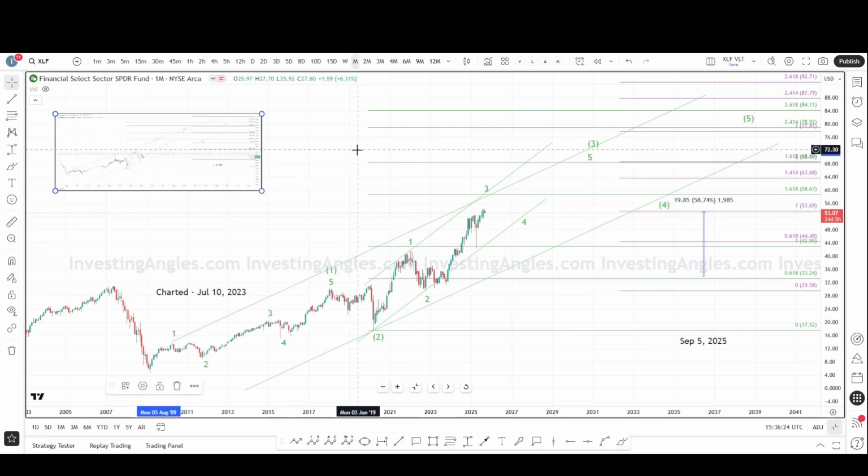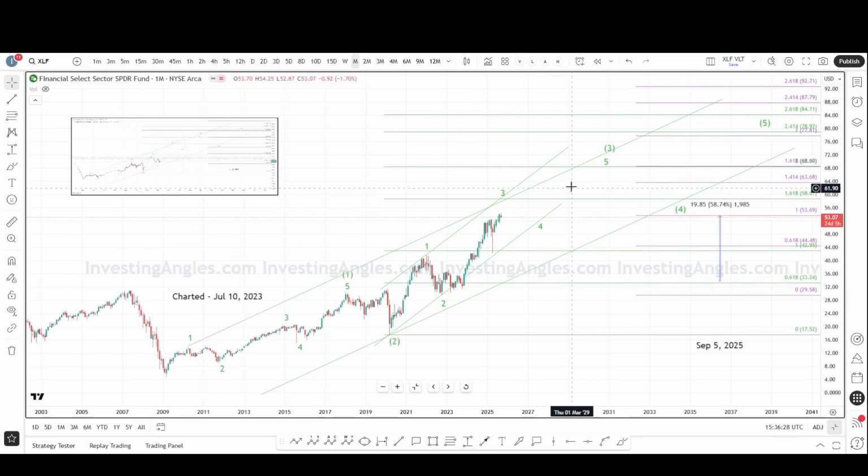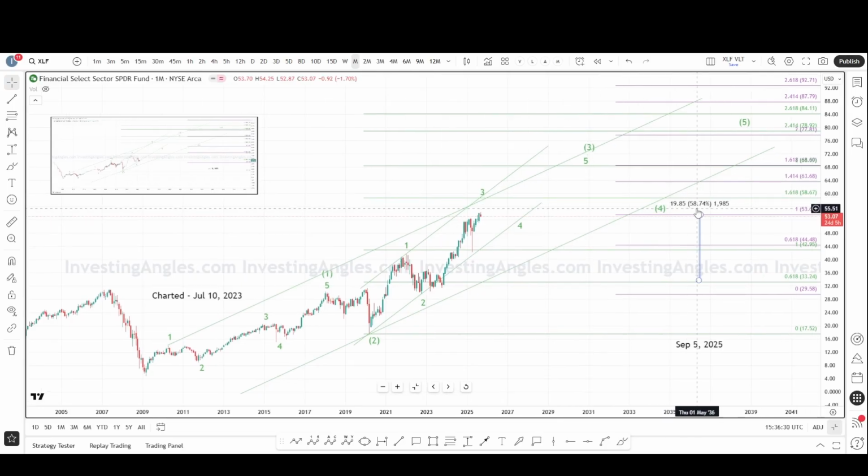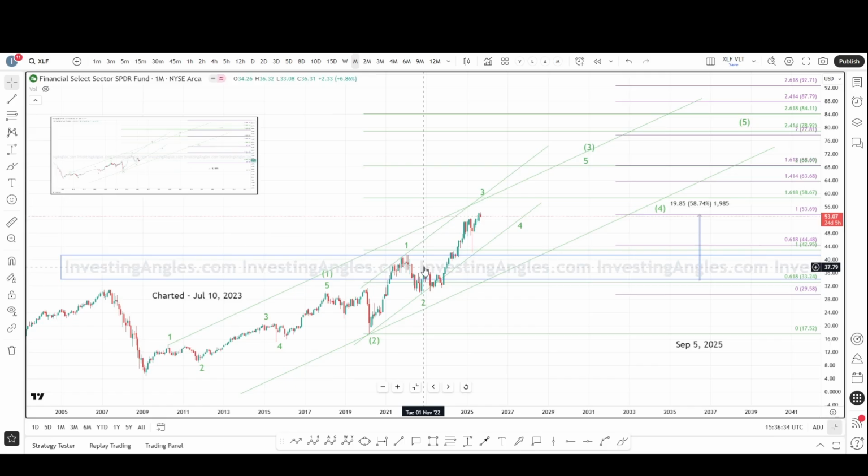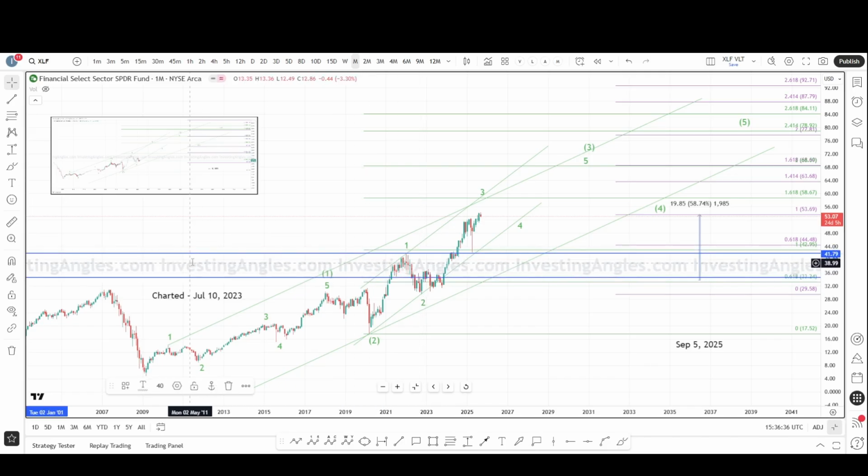The chart remains the same, and those who listened to us then would make about 58% from the level in July 2023. Well, that's the perspective for financial. We are not changing it. Let's see whether the market continues higher next week.